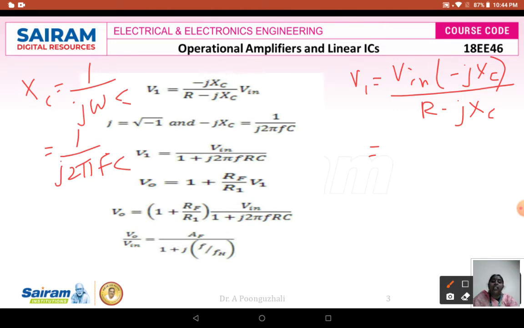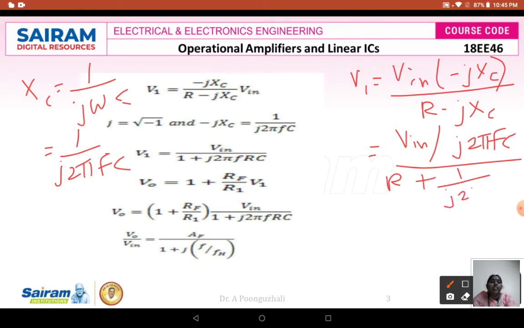Now substitute this value: minus jXC is nothing but 1 by j into 2 pi f C. So I can write Vin divided by j into 2 pi f C, divided by the total impedance, which is R plus 1 by j into 2 pi f C. If I take the LCM, it is going to be Vin divided by j into 2 pi f C, divided by R.